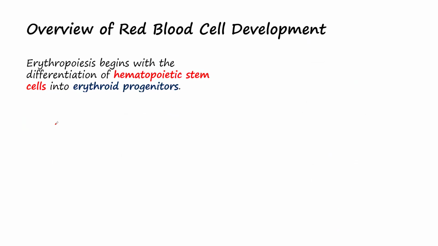So now, what is the overview of red blood cell development? Erythropoiesis begins with the differentiation of hematopoietic stem cells into erythroid progenitors. So first, we have stem cells, and stem cells are the cells that have the potential to differentiate into different cell types.